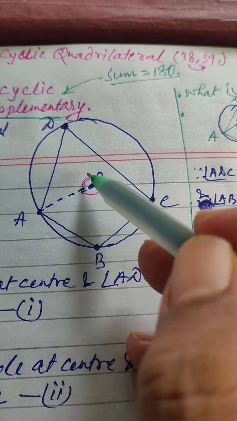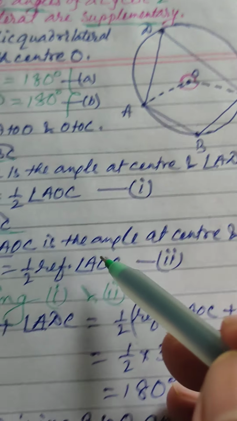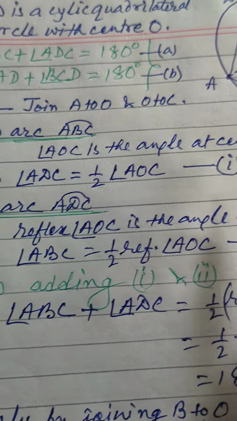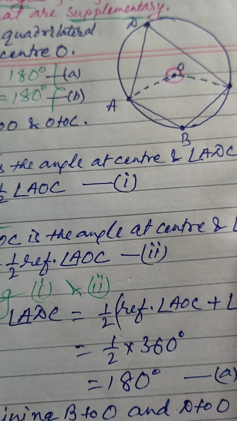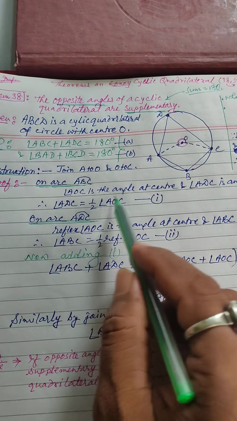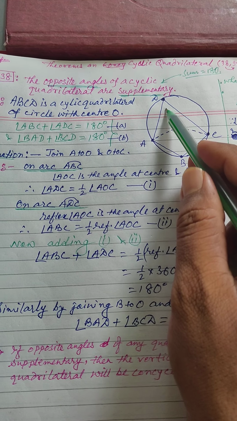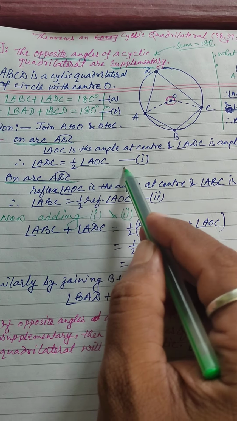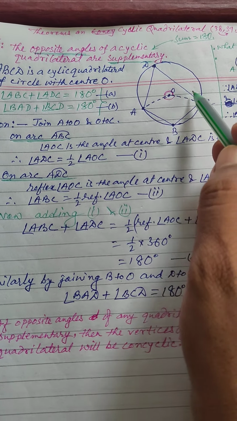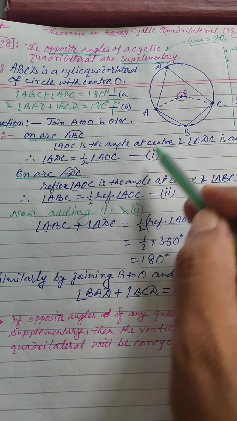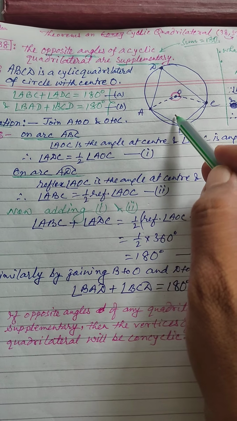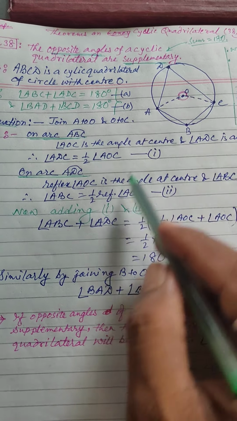That means this angle is half of this. We have written it over here. In the second case, on this arc, this is the center angle and this is the angle at the circumference. Therefore, this angle is half of this reflex angle.